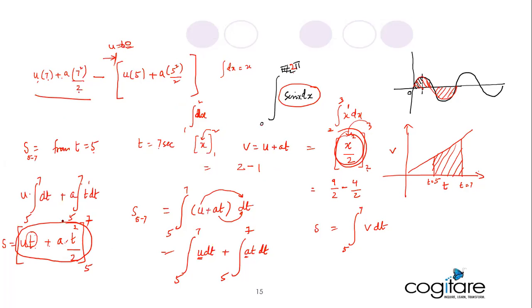Okay. The reason for this is, look, if I say find the area, I will take a simple example. Supposing constant velocity is there, and this is time. And I will say, boss, find me the distance between 3 to 5. How will you find it?